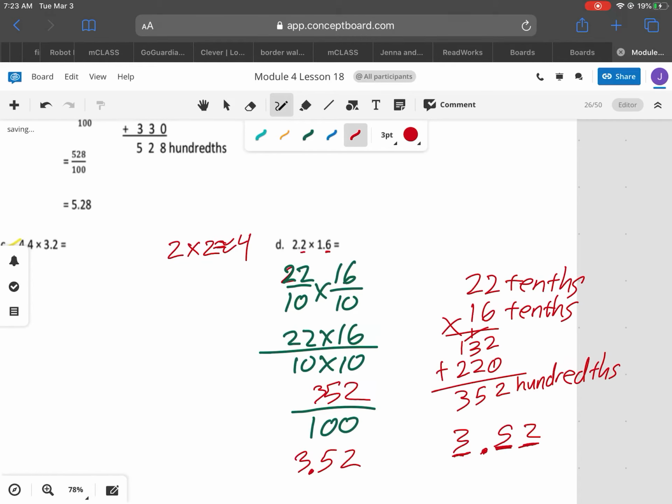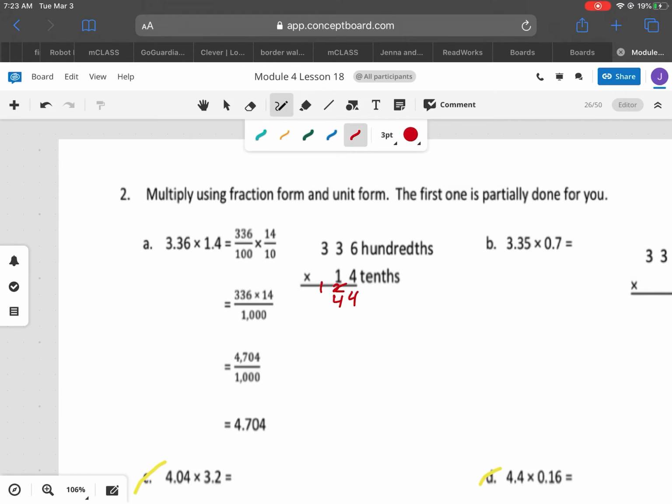All right, I am going fast, but I hope you understand what we're doing. Okay, so let's finish this first one, and it's 4 times 6 is 24, carry 2, 3 times 4 is 12, plus 2 is 14, carry our 1, 4 times 3 is 12, plus 1 is 13, and then we have our 6, 3, 6, because I'm multiplying times 1, it should be easy. Add these together.